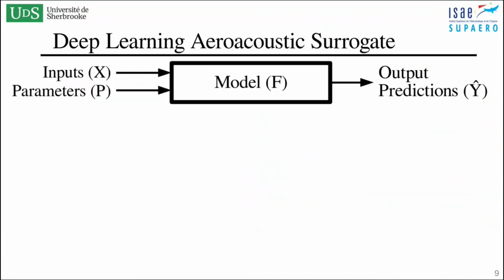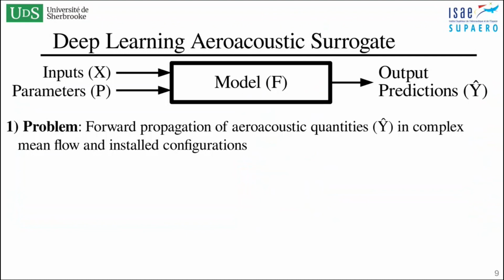Now, going into the detail of how to define our acoustic neural network surrogate, this deep learning approach, what we need is to create a forward propagation model predicting some acoustic quantities, this y hat, that is going to take into account the mean flow and geometric installation effects.